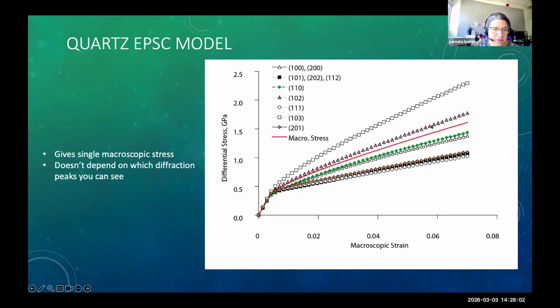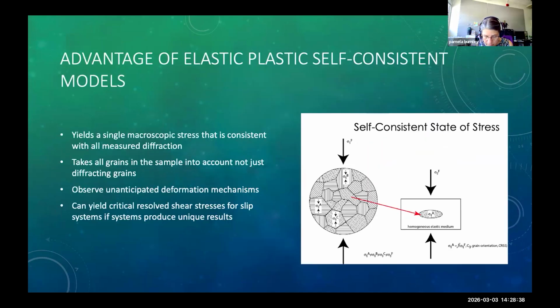Different lattice planes give you different stresses. All these are different lattice planes, but the model calculates the macroscopic stress. And so you can see for the group of lattice planes that I chose to model, the macroscopic stress is kind of in the middle, so maybe averaging them would be fine. However, if you only measured these down here, the average of this group is not going to give you the macroscopic stress that's actually in the sample. So what the EPSC does is it takes into account that sort of complexity.